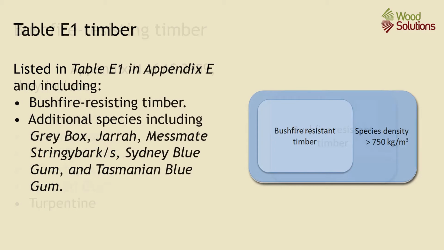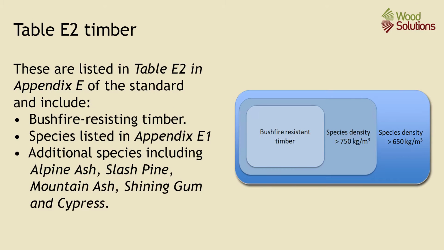The next classification is timber with a density of greater than 750 kilograms per cubic metre. These timbers are listed in Table E1 in Appendix E of the standard, and they include all the bushfire resisting timbers mentioned above, and additional species such as jarrah, messmate, mountain grey gum, Sydney blue gum and Tasmanian blue gum. The next classification is timber with a density of greater than 650 kilograms per cubic metre.